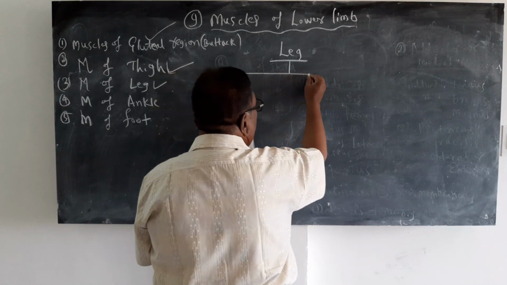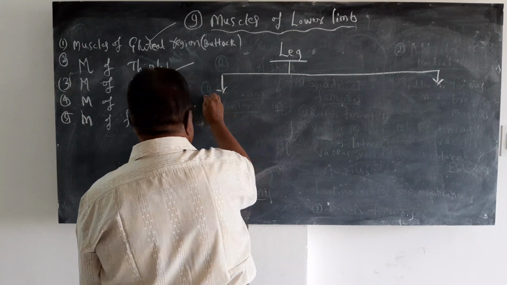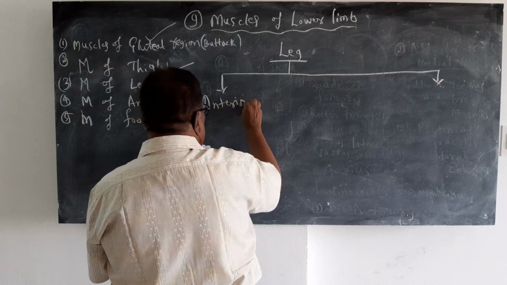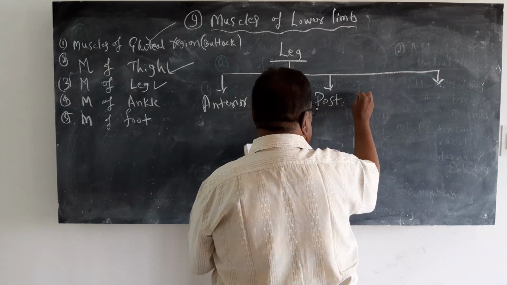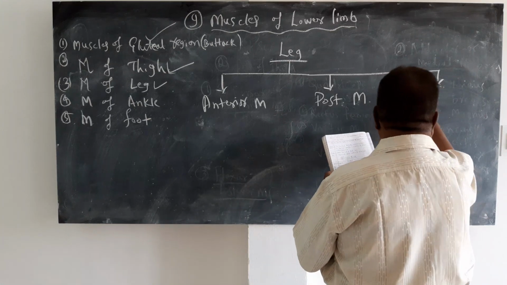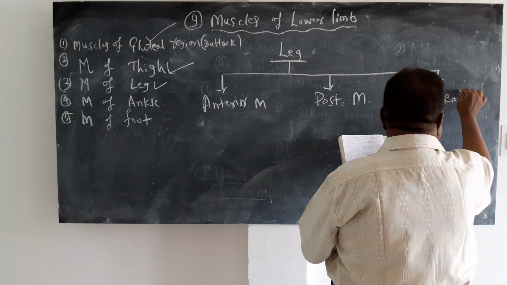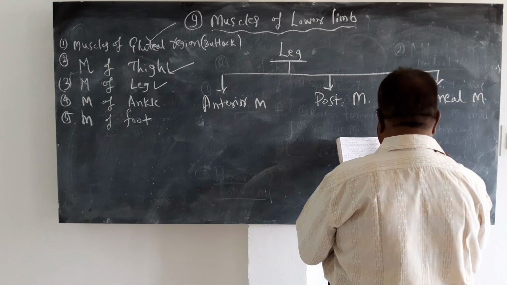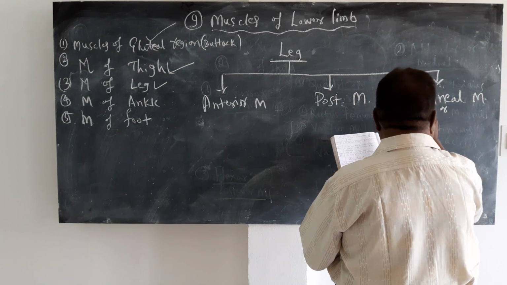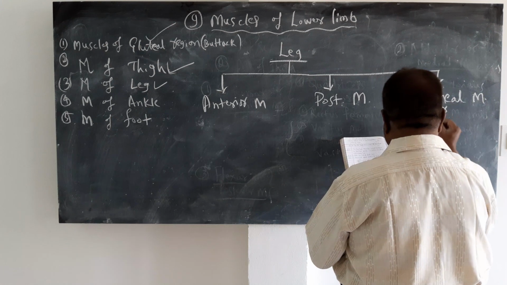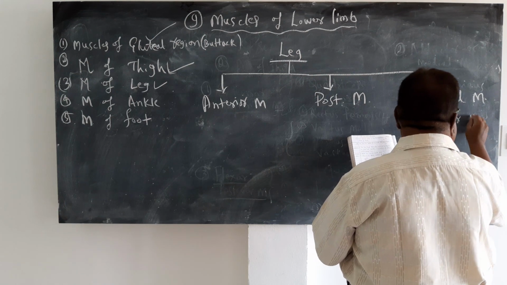There are 3 in number. The first one is anterior muscles, posterior muscles, and peroneal muscles or fibular muscles.